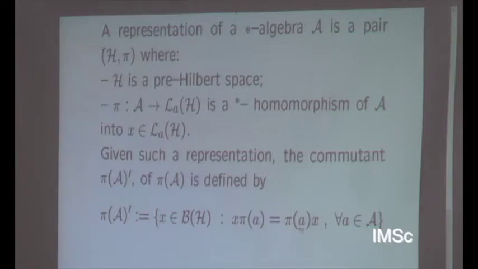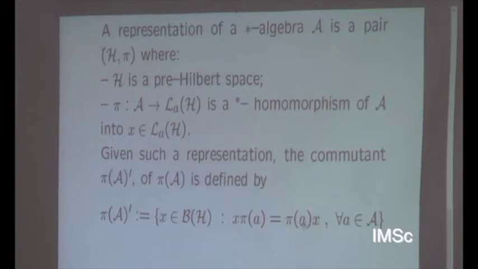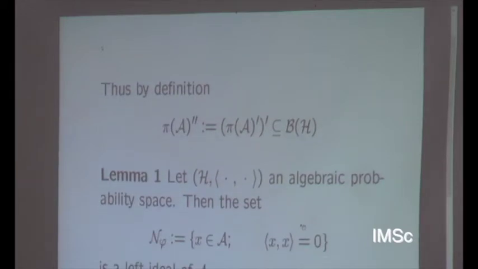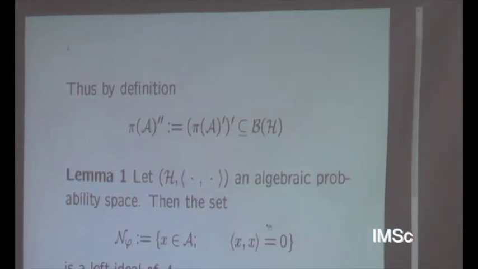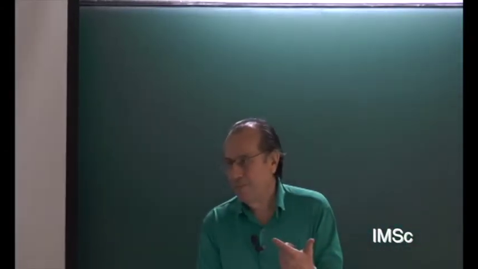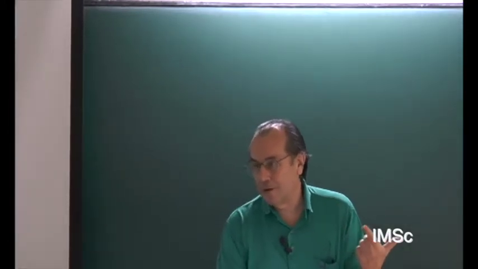On the other side, the right-hand side is also well defined because X maps the pre-Hilbert space into itself, and the operator P of A is, by definition, defined on the pre-Hilbert space. Usually, this would not be true for general unbounded operators. So, by definition, the bicommutant of P of A is a subalgebra of bounded operators. It does not necessarily include P of A itself, as is unusual for a von Neumann algebra.